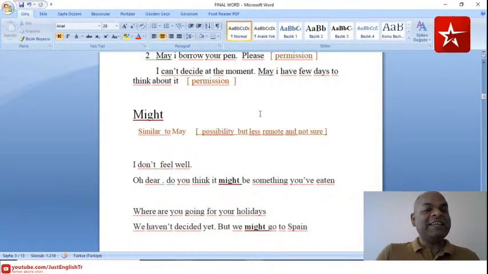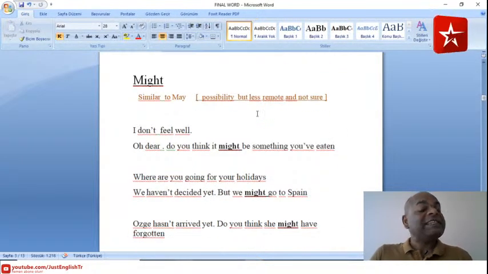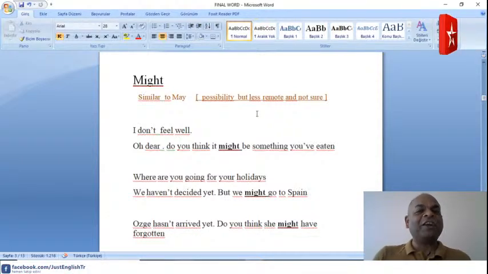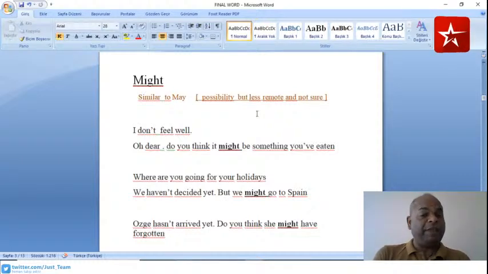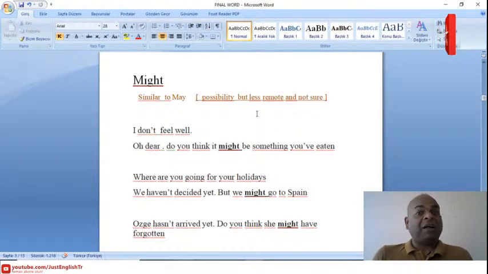All right, guys? That's good. Now let's go to our next one, that is might. Now, as I told you before, might and may are slightly similar, but they're not. It's just, I think, the way you use them in sentences will help you understand. May is polite, we talked about, to give permission, or it's about possibility.